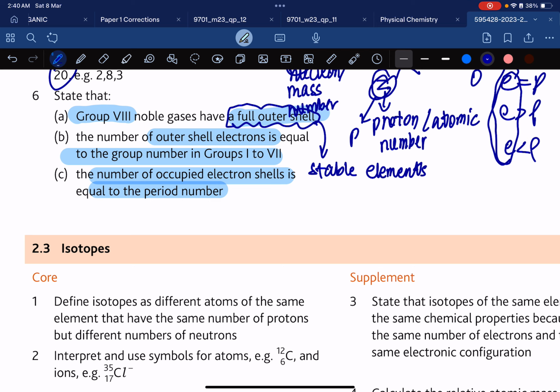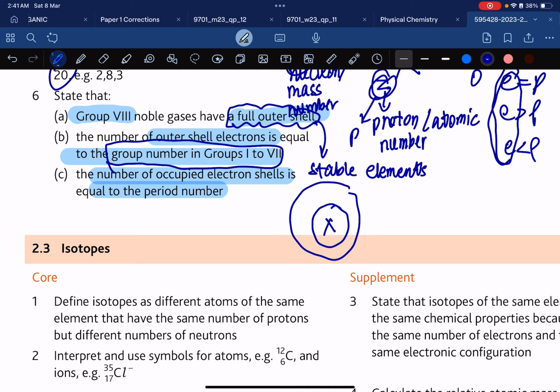The number of outer shell electrons is equal to the group number. So let's say I have element X. It has one shell and two shells. The number of electrons in the outer shell is the group that it's going to be in.